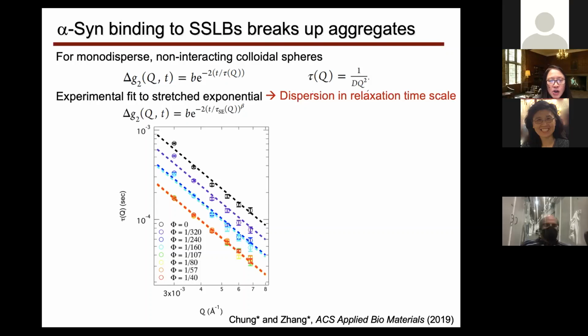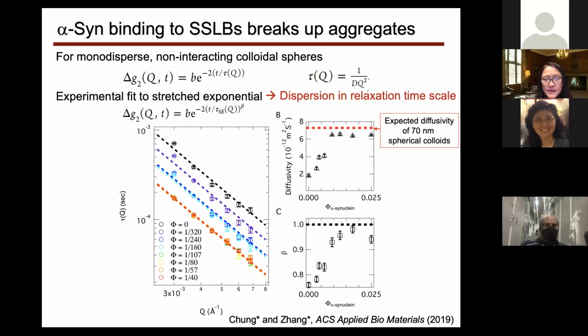So again, if I were to plot the tau, which is given by this equation here, as a function of Q, these are the curves that I found, which is the same data as in the previous curve, as a function of having different lipid to protein or protein to lipid ratio, as shown here.